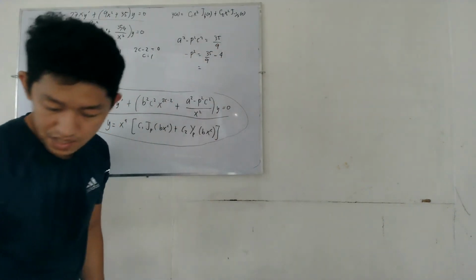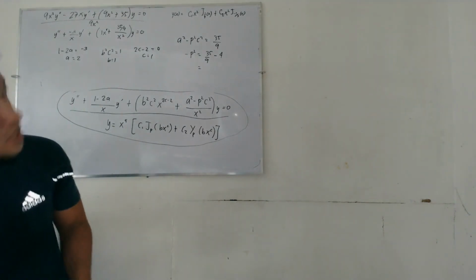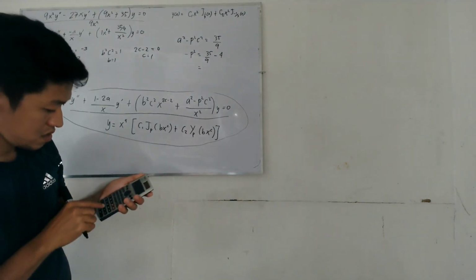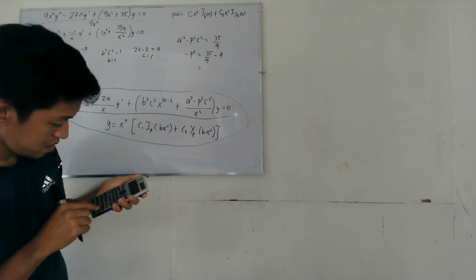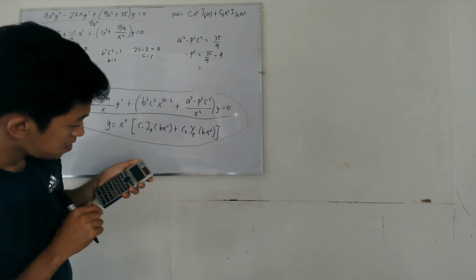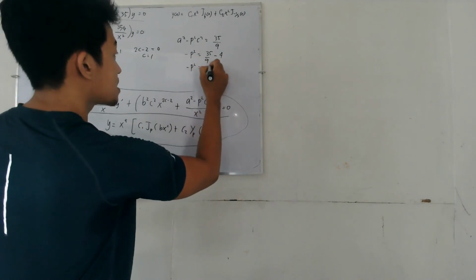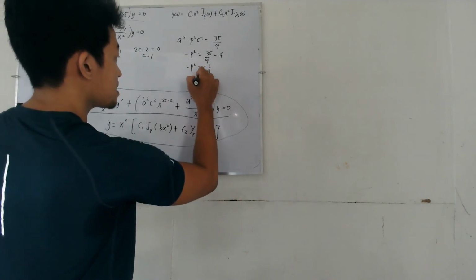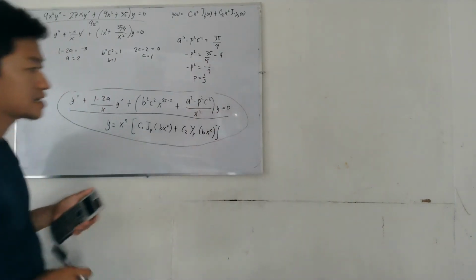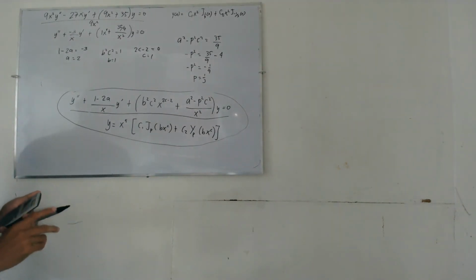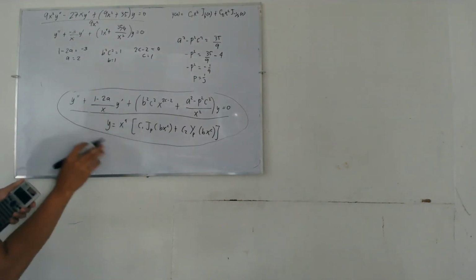So, pila ni? 35 over 9 minus 4. Negative 1, 9. So, P squared. So, P is equal to 1/3. Okay? So, nakuha na ito mga variable.